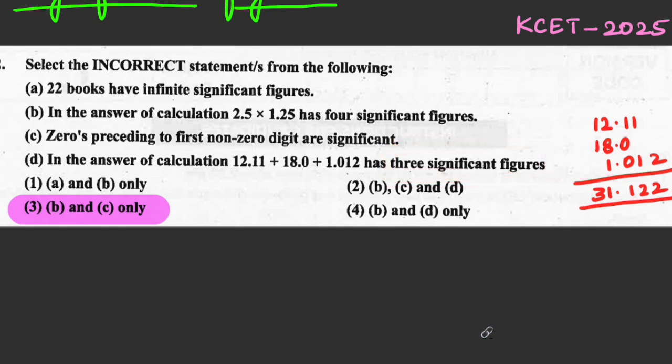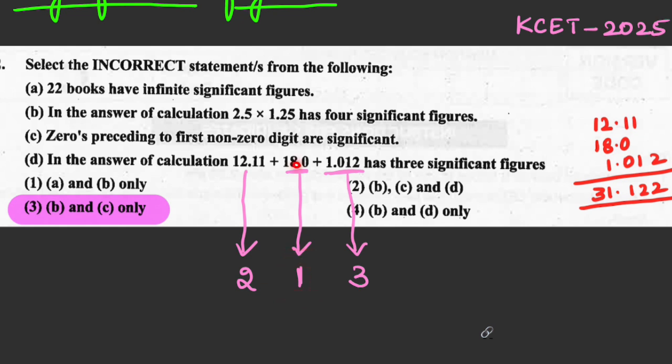So in addition I told you, always consider after the decimal, and see which has the least digits. Here after the decimal you can see there are 2 digits, here only 1 digit, that is 0, and here there are 3 digits, that is 0, 1, 2. So you have to consider the least number of digits. The least is this.